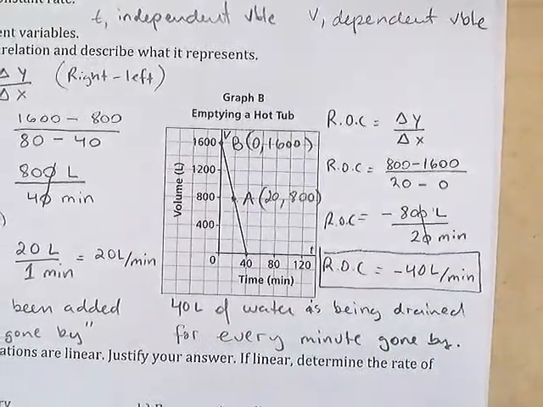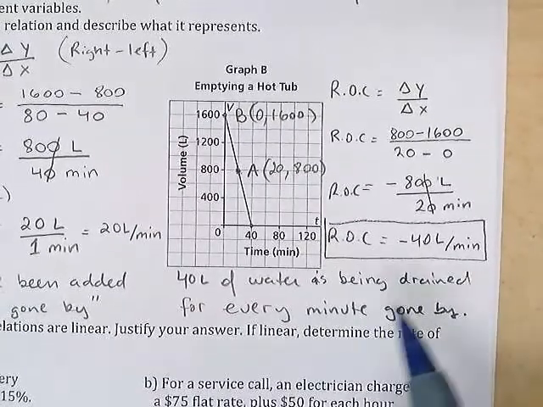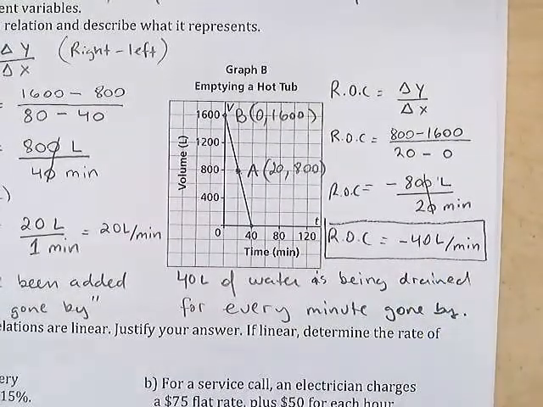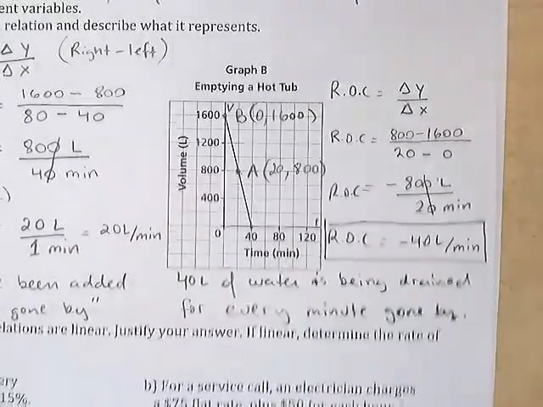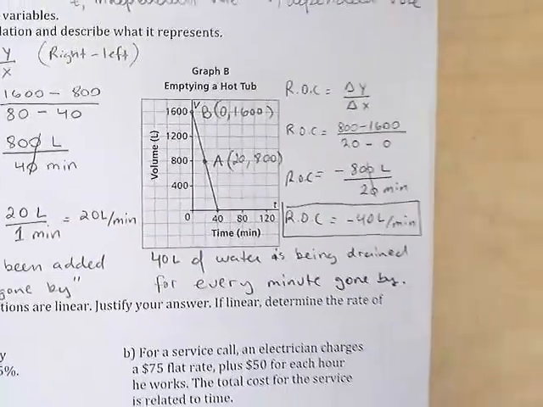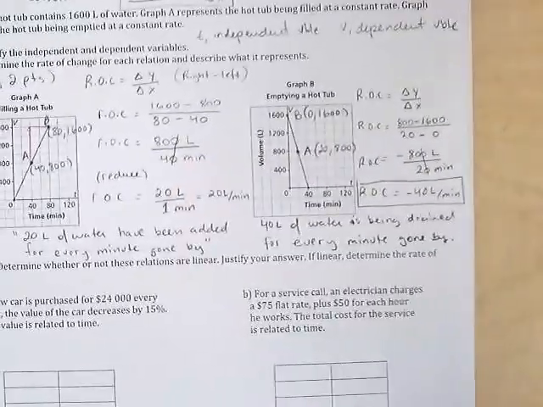Now, 40 liters have been removed, if you like to say, or the amount of water is decreasing by 40 liters every minute. All of those are valid ways of describing what's going on. You just have to make sure it makes sense within the context. If it makes sense, then you're good.